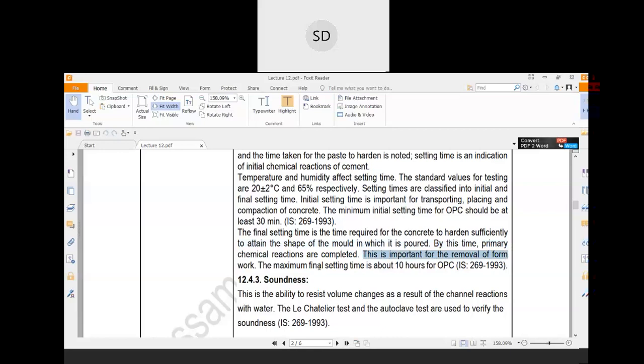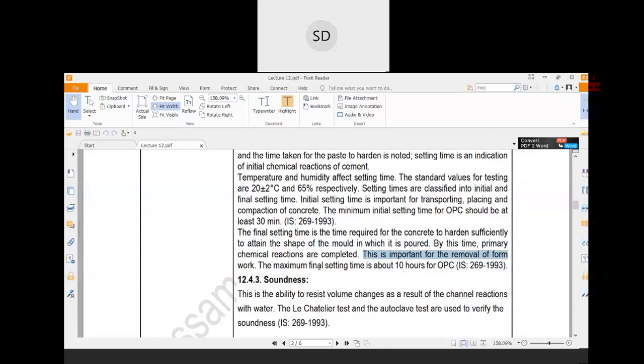Removal of formwork means, suppose you are constructing one column or one beam. To construct a beam or column, you have to build some formwork. Formwork means, in terms of a wooden structure or any other steel structure, you will enclose a portion of that beam or column where reinforcement is there.